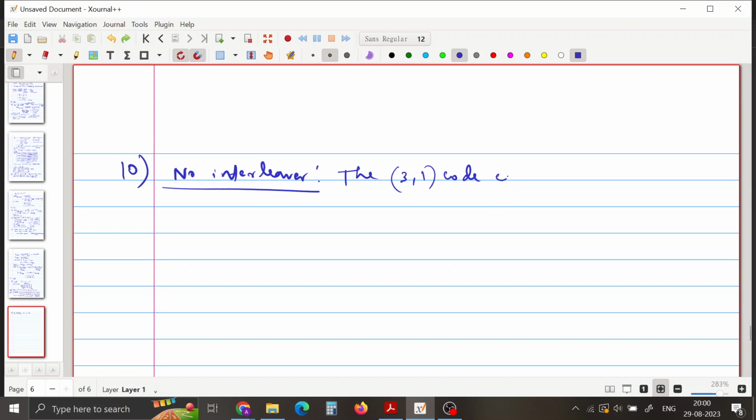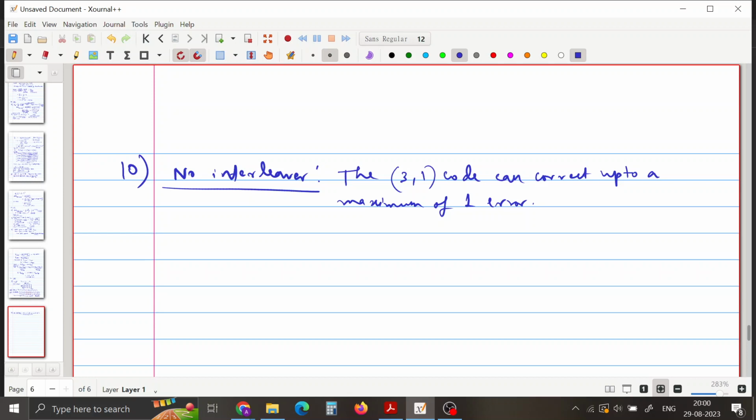It can correct up to a maximum of 1 error, so t equals 1.